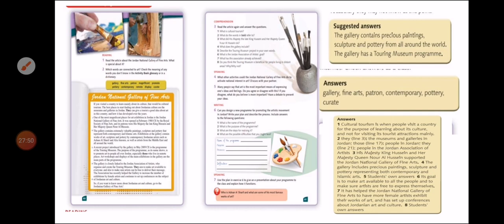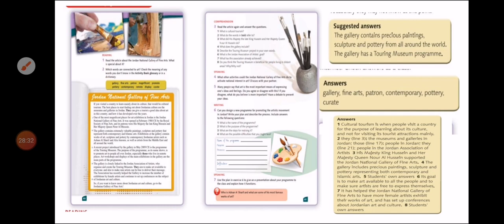What did His Majesty the late King Hussein and Her Majesty Queen Noor Al Hussein do? شو عملوا؟ دعموا, yes. إذا they supported. هون ذكرت مش supported بالفقرة، شو ذكرت؟ They were its buttons, كانوا, its buttons were His Majesty King Hussein and Her Majesty Queen Noor Al Hussein, يعني they were the supporters, اللي هم الداعمين. إذا they supported the Jordan National Gallery of Fine Arts.